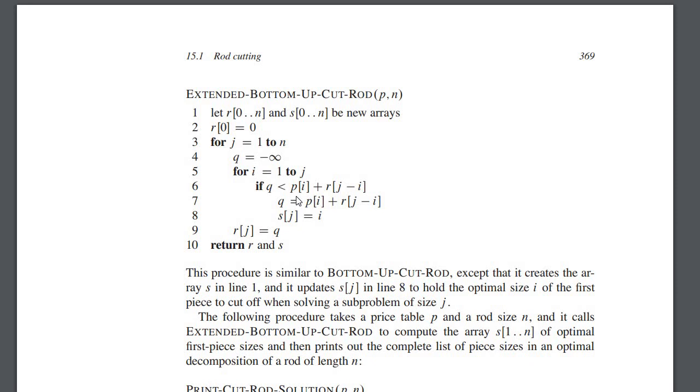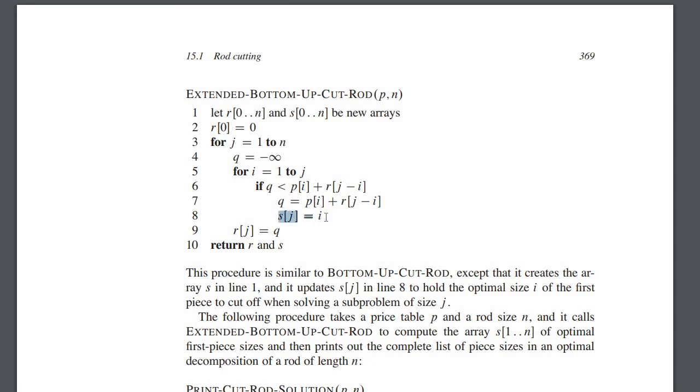Previously we were simply getting the cumulative price, the maximum price of different cuts, but we were not keeping the values of those cuts, that is, which size exactly we need to have the maximum price. With the help of this algorithm, we can have the value of size as well along with the price. So we can easily implement this technique, and there is no harm in it.